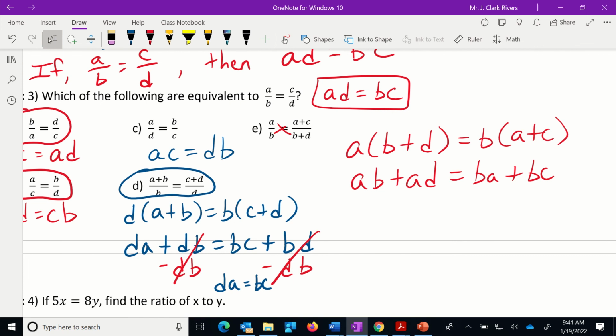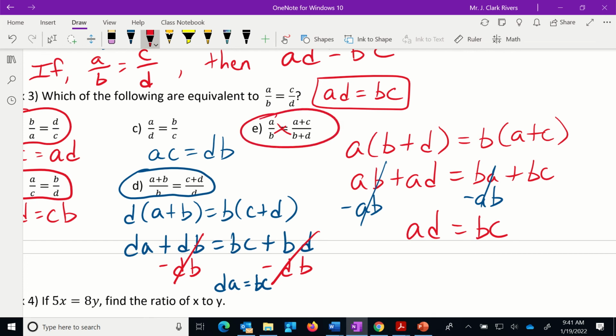And as I look at this, I see I've got AB on the left, I've got BA on the right. Those are the same. I'm going to subtract AB from both sides. And when I do, those are eliminated, and those are eliminated. So now we're left with AD equals BC, and you can see those are equivalent, so I'm going to circle E as well. Any questions on those?